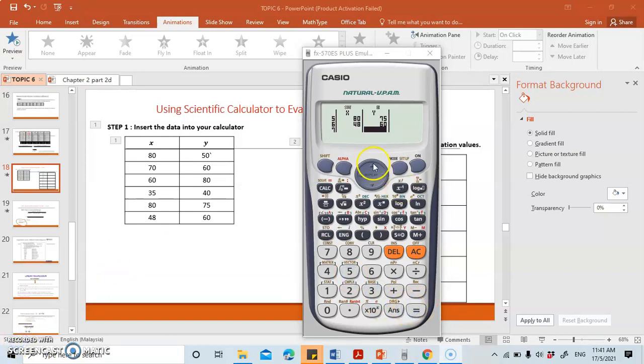I have inserted everything, the x and y values. Next, you can clear the screen.